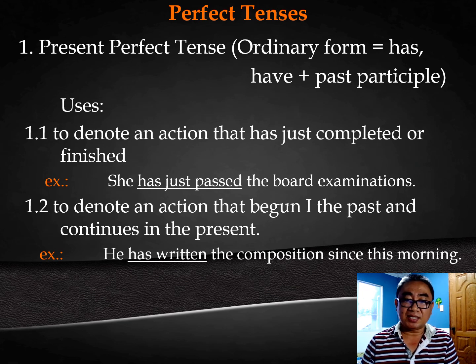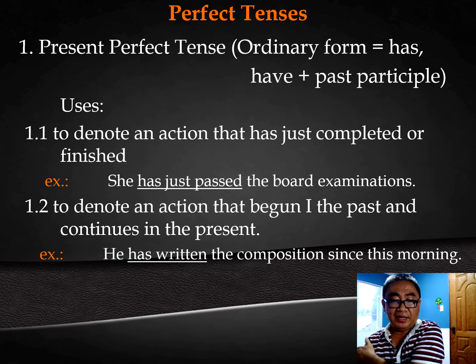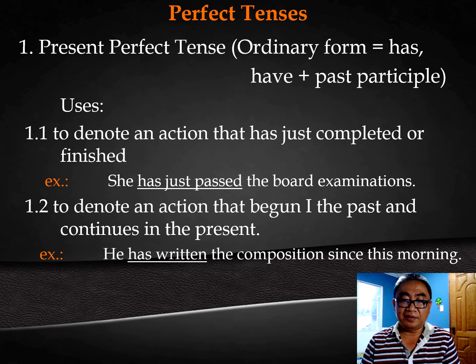The present perfect is formed by using the auxiliary verb have and the past participle of the main verb, has or have. However, the third person singular uses has instead of have. It is also used to denote an action that began in the past and continues in the present. He has written the composition since this morning. So that is for the perfect tenses of the verb, ordinary form.